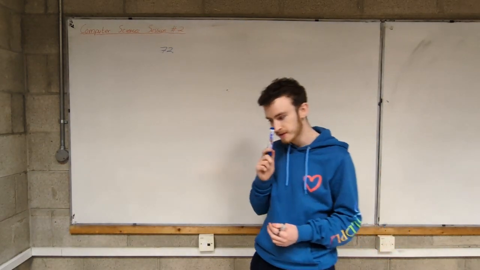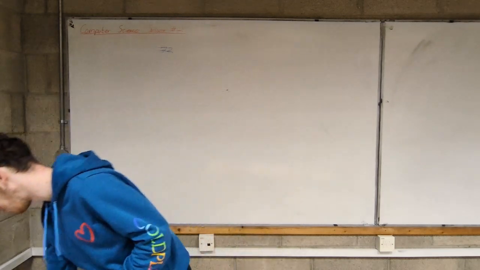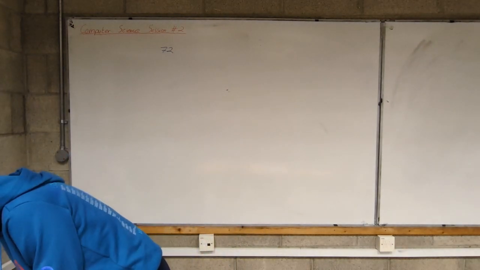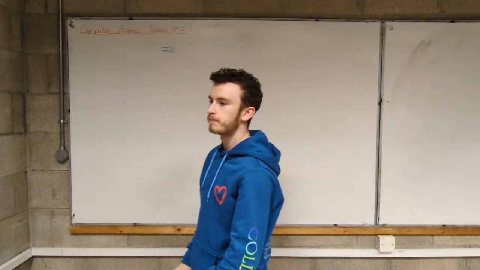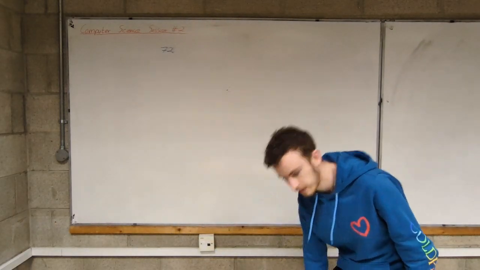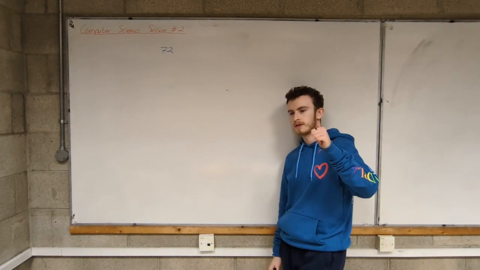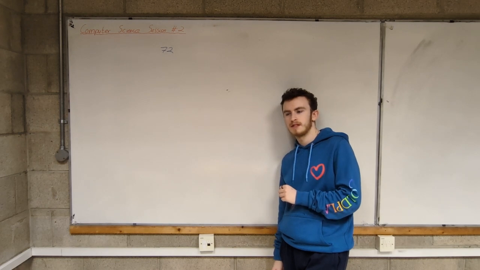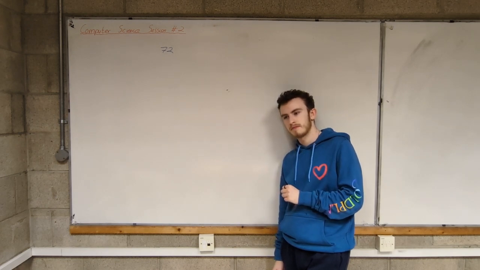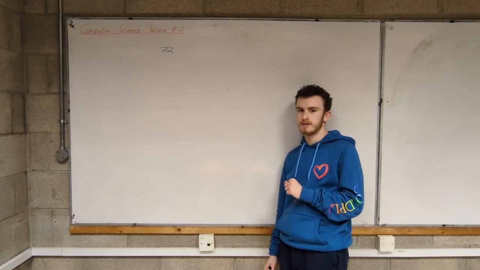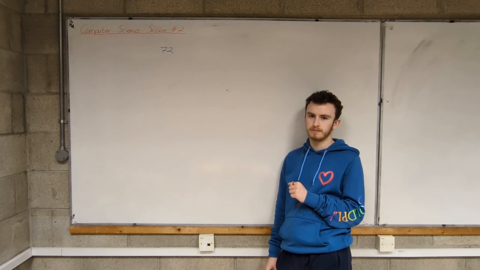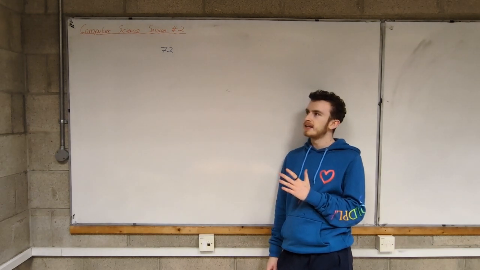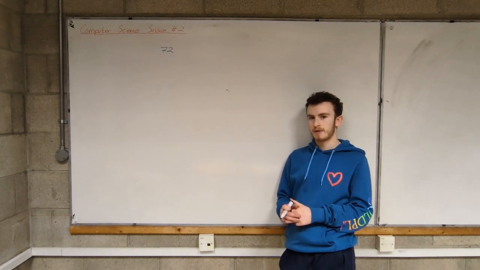This is a bit of a strange method, but it works very well. So, hexadecimal, right? The numbers 0 to 9 and the letters A to F, okay? That is 16 different characters, right?